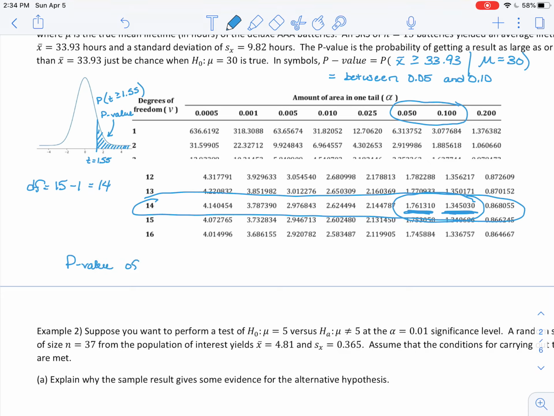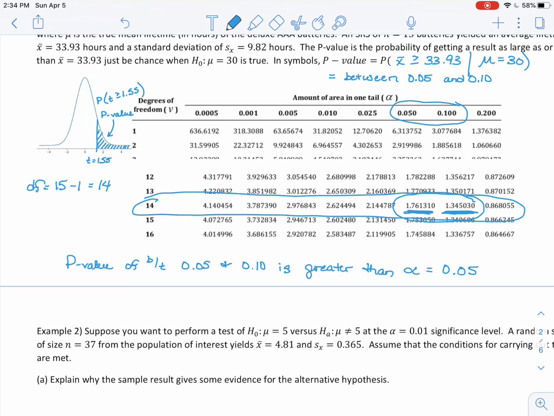Because our p-value, I'm going to use my shorthand for between, b/t, write out the word if you want to, but because our p-value of between 0.05 and 0.10 is greater than alpha, and alpha here is 0.05, it's basically saying, oh, this is a pretty common result.